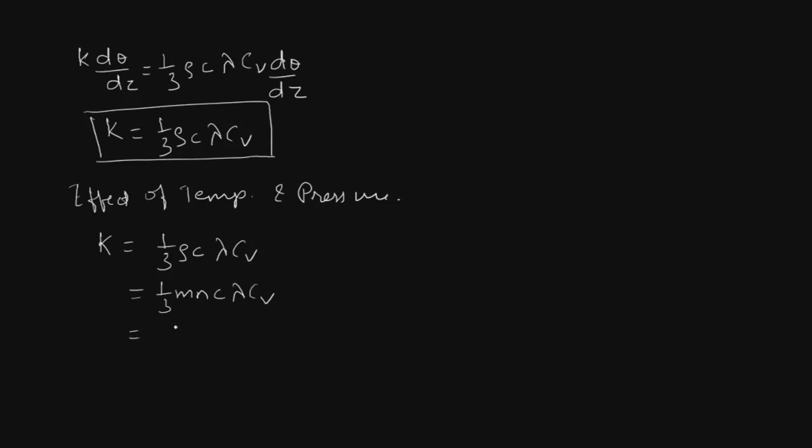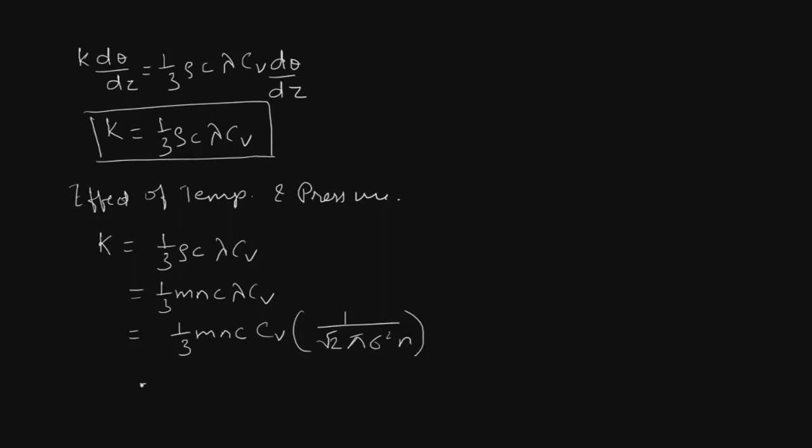That can be written as 1 by 3 mn into C, Cv here, and the formula for lambda is written here. Lambda is equal to 1 by root 2 pi sigma square into n. That is the mean free path given by this formula.